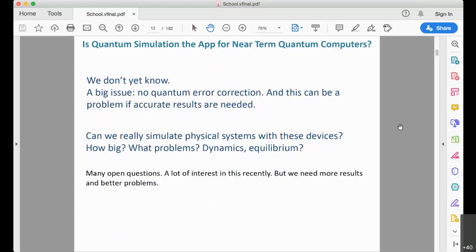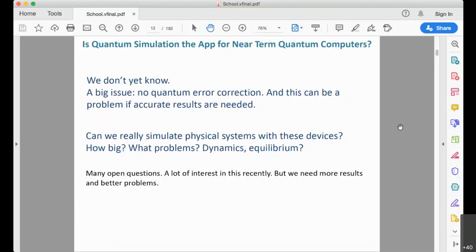One of the big issues of these NISQ devices is that many of the quantum algorithms that people are trying to implement use no quantum error correction. This can be an issue if you are looking for accurate results at the end, okay? So I would say that the question of whether simulating physical systems with NISQ devices is fairly open.